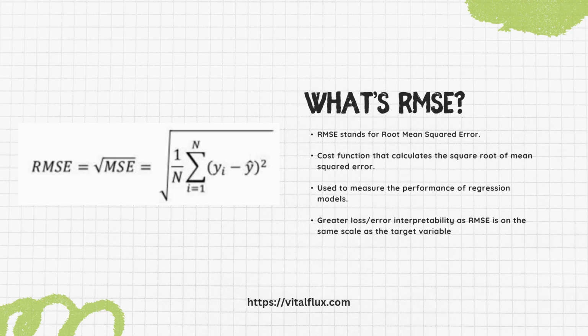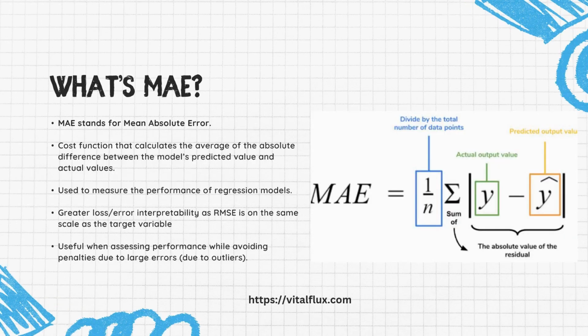Now let's look at another concept, which is MAE. MAE is another metric which is used to assess the performance of regression models. MAE stands for mean absolute error. It can be understood as the cost function whose output is an average of the absolute difference between the model predicted value and the actual values for the entire record.